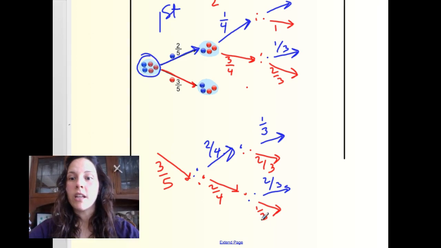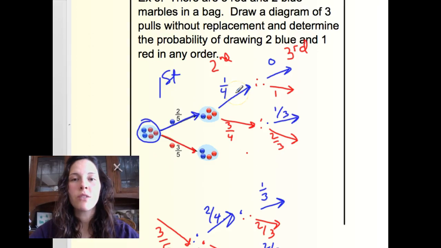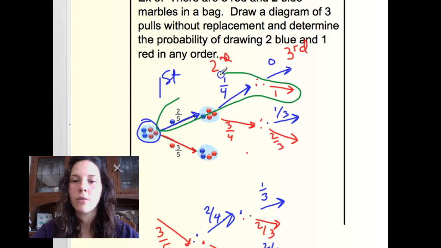All right, now we can calculate our probability. The question was, what's the probability that we pull 2 blue and 1 red in any order? So now we need to follow our tree diagram and determine the probability. All right, so we have blue, blue, red here. So we can multiply those probabilities together.